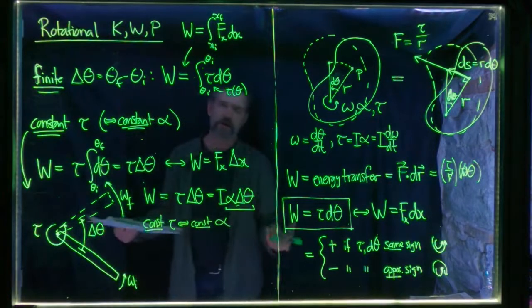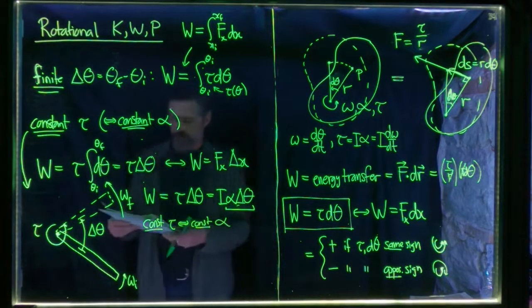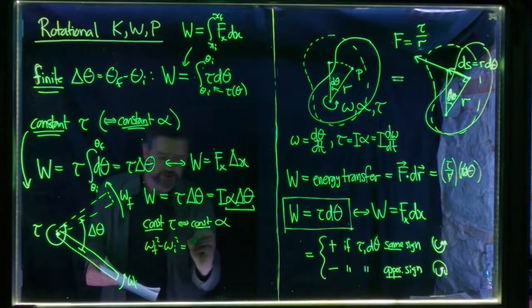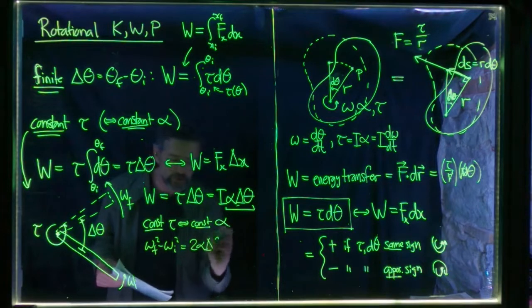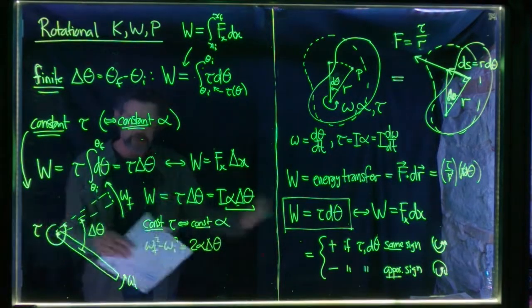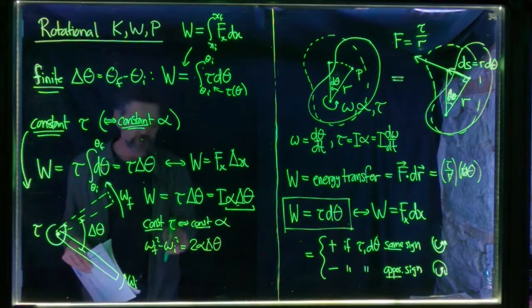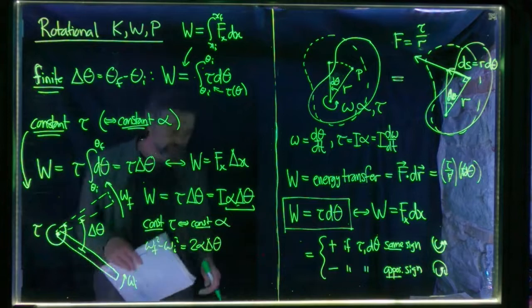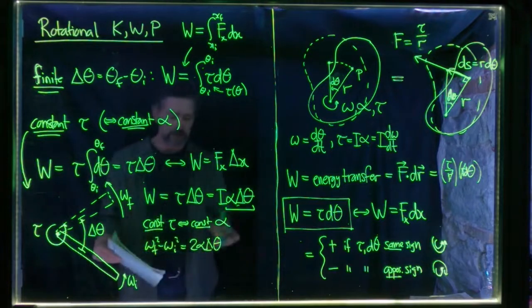And for constant angular acceleration, we have this kinematical formula that says omega final squared minus omega initial squared is equal to 2 alpha times delta theta, which is exactly analogous to, in translational motion, v final squared minus v initial squared is twice the acceleration times delta x. Okay, so we just apply that here.